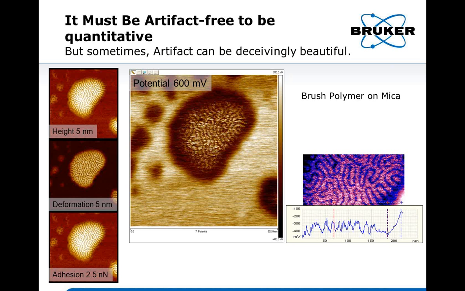But we fix the frequency and we see how much the phase will change, and that phase change reflects the frequency change. Now we are fully aware that if you have a sample that has strong tapping phase, it may crosstalk into the FM-KPFM data. So we want to avoid that.